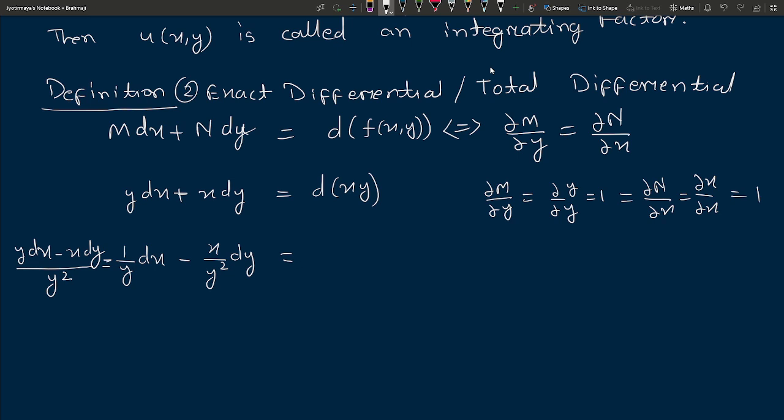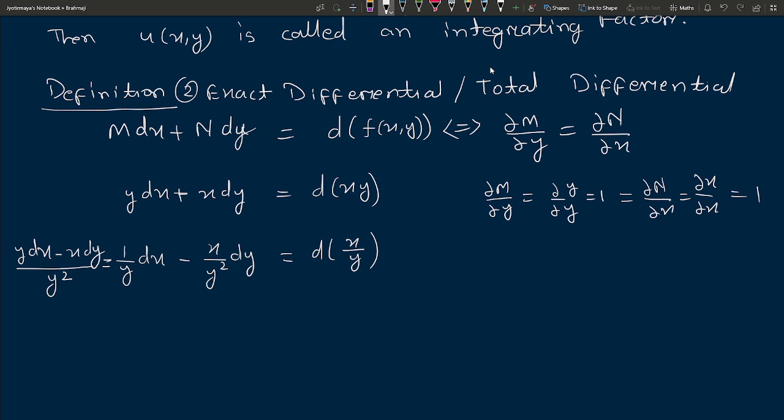This is also an exact differential equation. Guess, this is the differential of what? Numerator by denominator, x by y. This is the differential of x by y: y into dx minus x into dy divided by y square.